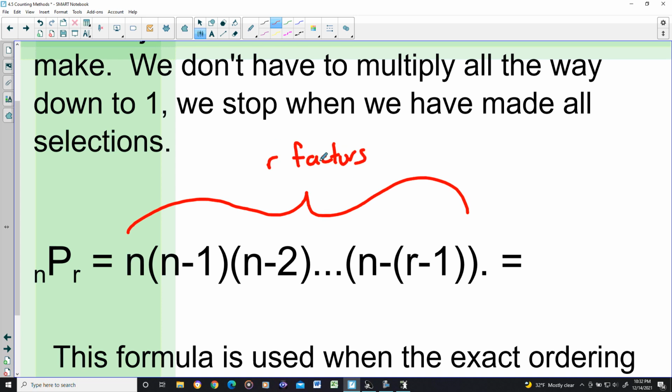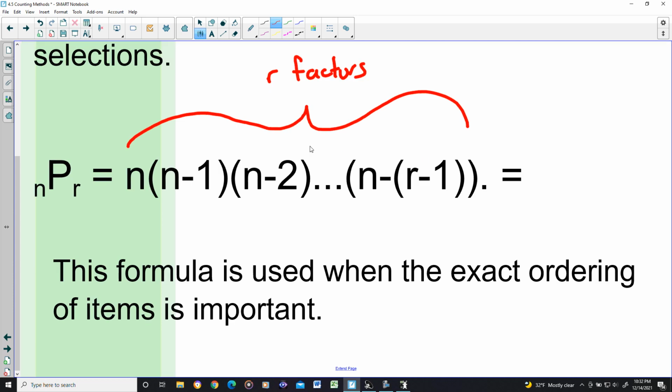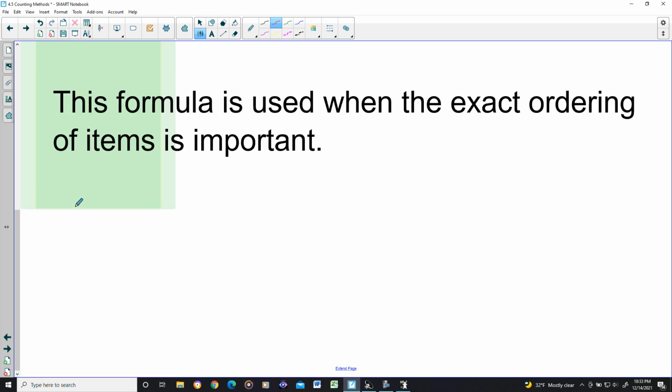Here's an example. This formula is used when the exact ordering is important. A good example would be 10P4. 10P4 means I have 10 objects and I need to select 4 of them.